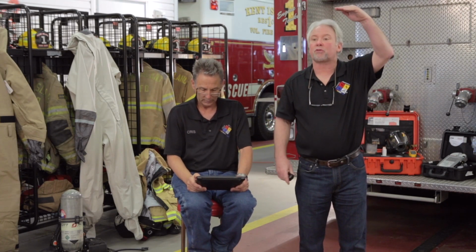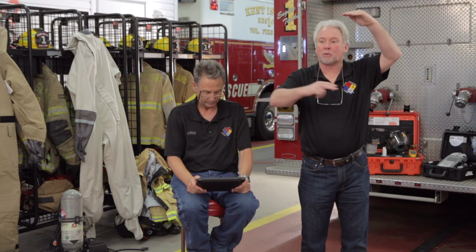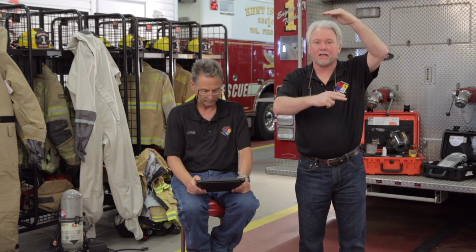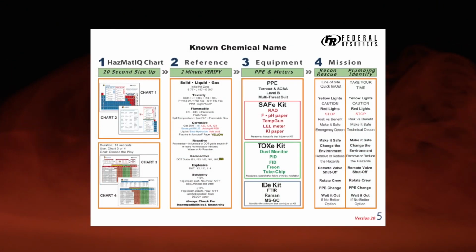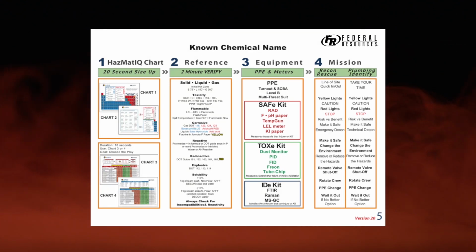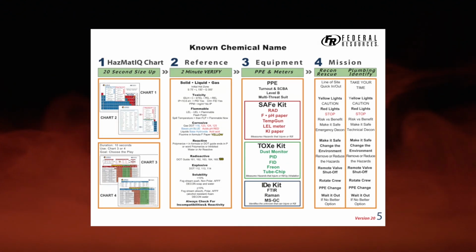Okay, so then the next thing we did, remember we used to have the system that the top part of the system was for known chemicals. The bottom part we would run kind of the opposite way, and that would be for unknown chemicals. What we did now is we made chart 5 and chart 6 specific to known chemicals is 5, unknown chemicals is 6, and it really breaks down each step of the system.